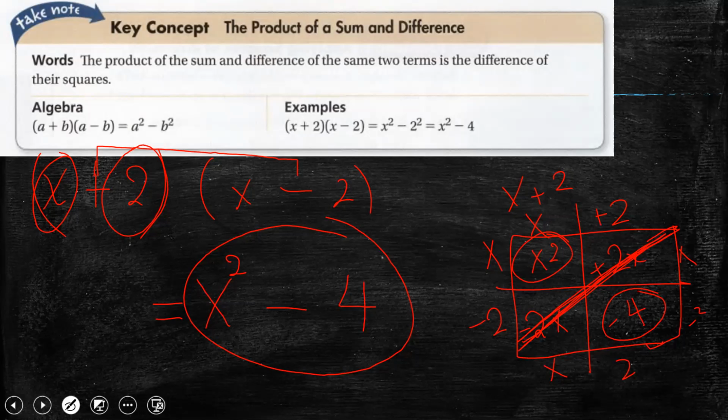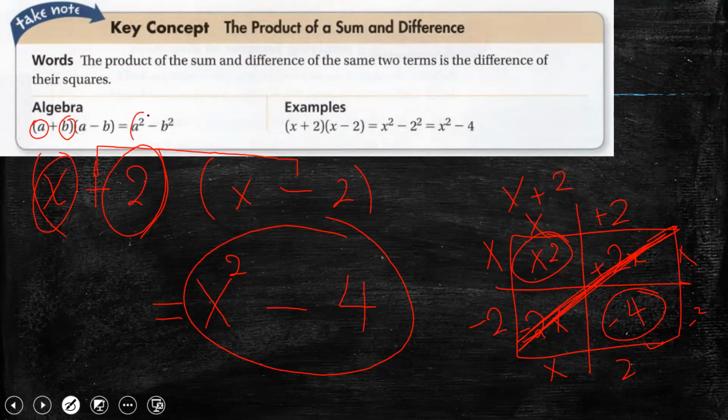Yeah, this is a special case if you find two expressions that have the same two terms but with different signs, summation and difference, plus and minus. This is the rule that I have to use. I will write, look here, we have a and b.